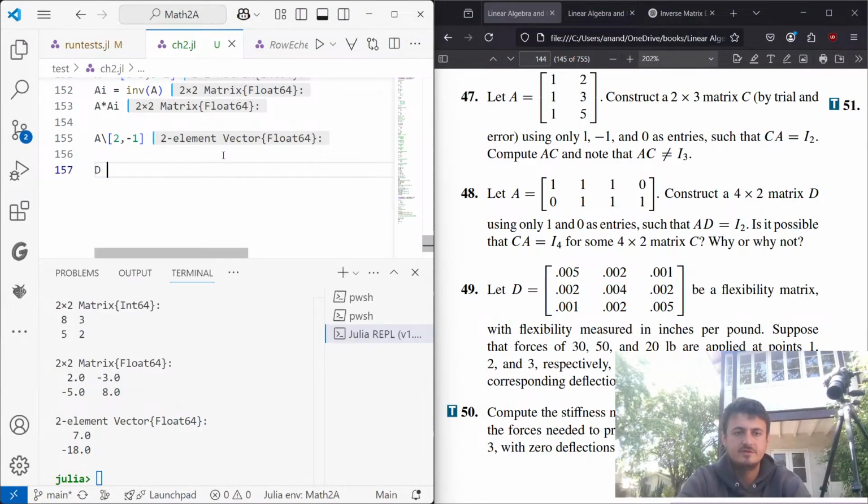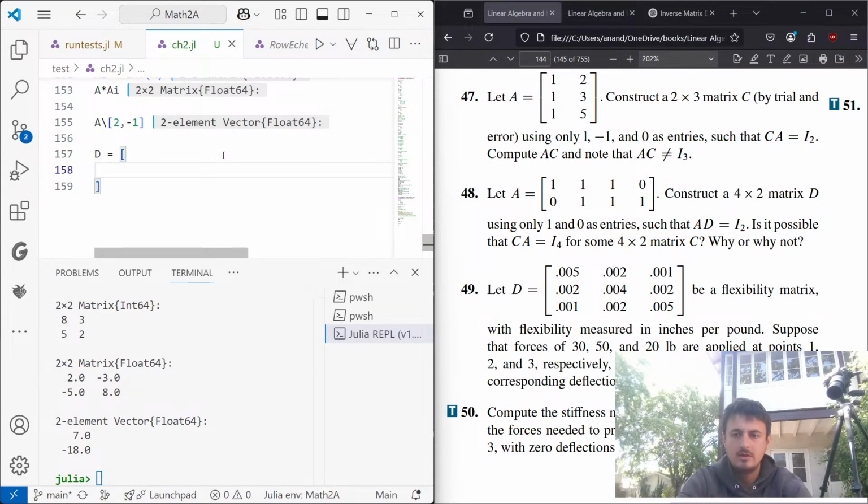Okay, so I'm going to do this. We have D is equal to 0.005, 0.002, 0.001, 0.002, 0.004, 0.002, 0.001, 0.002, 0.005.